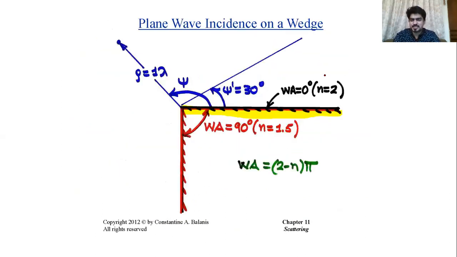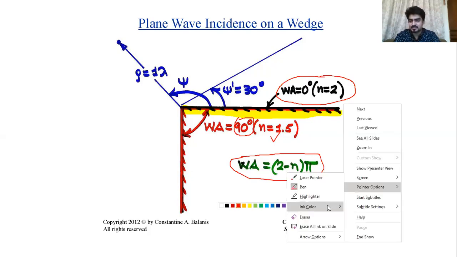So that is this particular case where the wedge angle, WA, that is 2 alpha, we call that a wedge angle. And again, it is mentioned here, 2 minus n times pi. So that wedge angle is 0, that is the half plane case. And the other one is when you have a wedge angle 2 alpha equals 90 degrees, and that will happen when n equals 1.5. n equals 1.5 will give you a wedge angle of 90 degrees, and that is given by this red line.